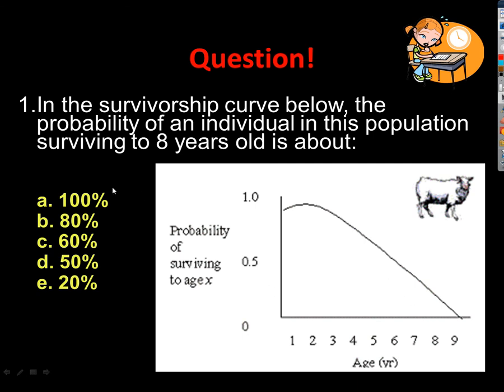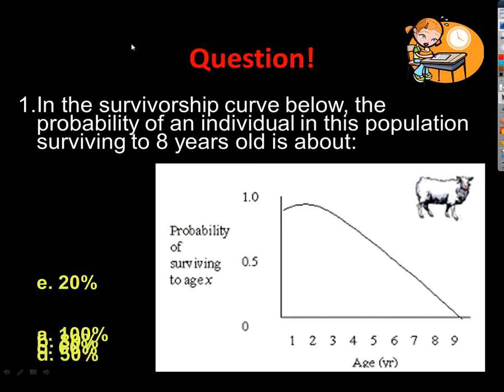So therefore, we can knock out 100%, right? What do we think it's going to be? It's going to be E, 20%. We're almost to that end right about there, meaning life expectancy of this animal is probably about 10 years old, around there.